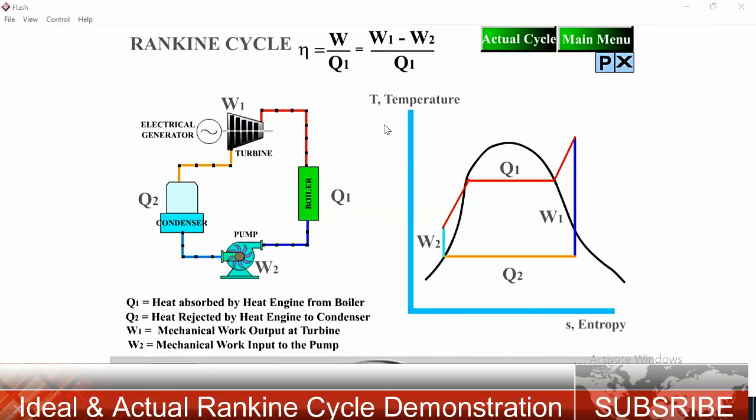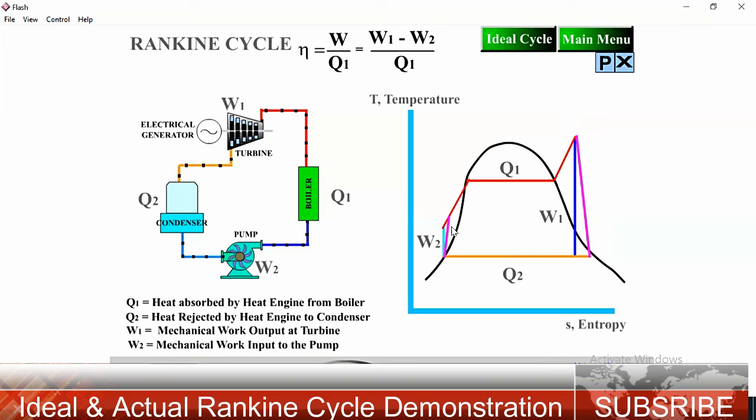Let us move to the actual Rankine cycle. In the TS diagram, the deviation of the line from 1 to 2 is the actual, and the 3 to 4 pink line is also a deviation.